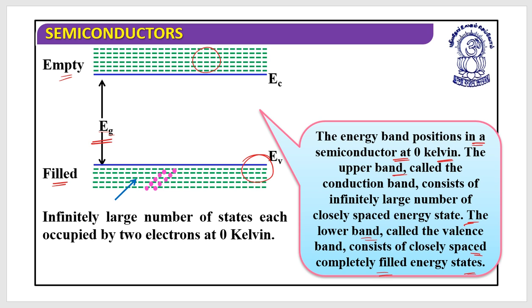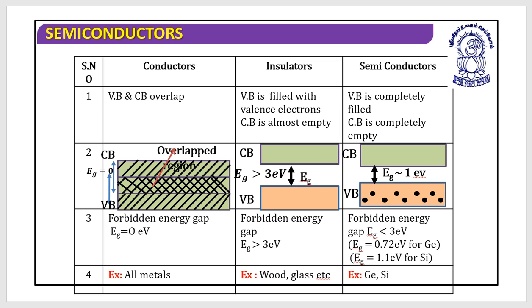So let's look at the energy band diagrams of conductors, semiconductors and insulators. The upper part is the conduction band and the lower part is the valence band for each. This diagram is for conductors, this is for insulators, and this is for semiconductors.